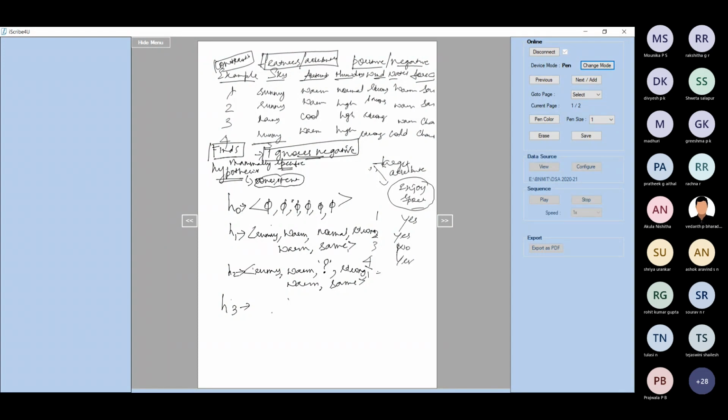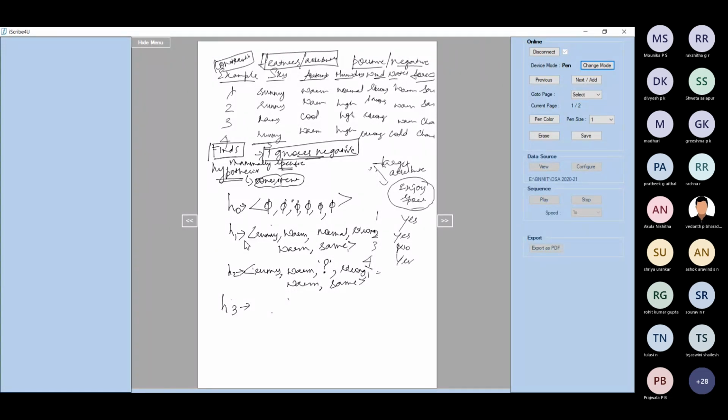H2 states that wind and water should be strong and warm for a positive training example. But example 3 states that if it's strong and warm, it could be a negative training example as well. So H2 wouldn't be consistent? No. The analysis is simply that this hypothesis is not final, and it is not our final hypothesis generated by Find-S.